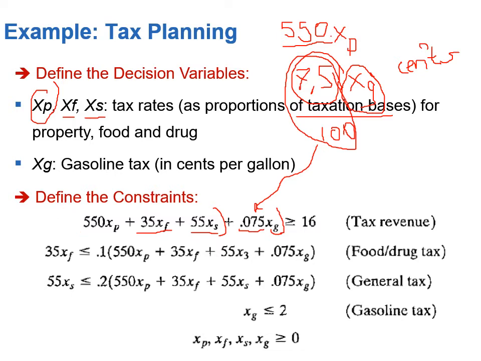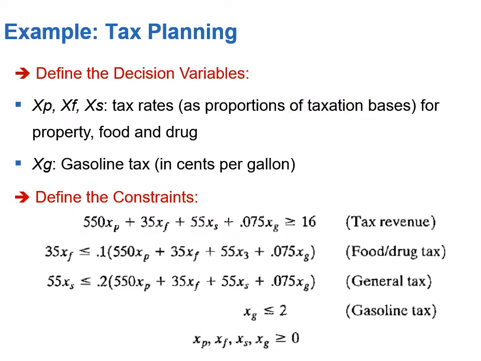The second constraint, on the other hand, says something about the total amount of tax that you are collecting from food and drugs. The base for food and drugs was $35 million, and when you multiply this by XF, this is the amount of tax that you collected from food and drugs. It says that this value should be less than or equal to 10% of the total tax that you are collecting.